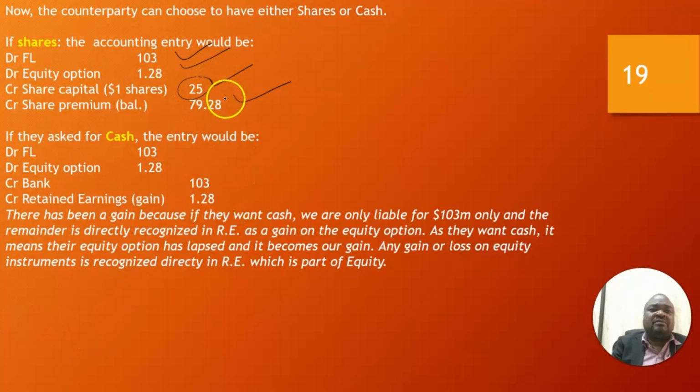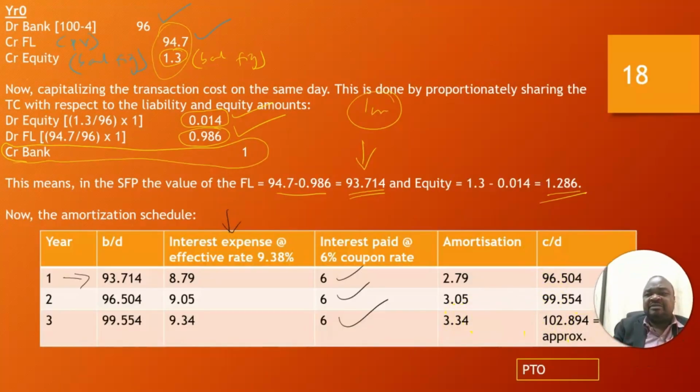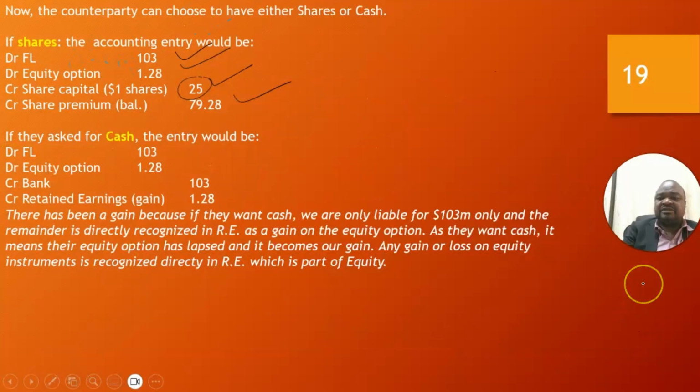So this, remember, is the redemption value of the debt instrument. Remember the redemption value, which was 103. So we then have to work it out here, right?